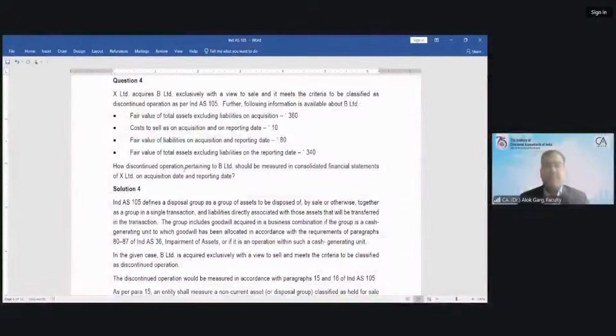Be limited. Fair value of the total assets excluding liabilities on acquisition is given, which is 360. Cost to sell on acquisition and on the reporting date is also given, which is 10. Fair value of liabilities on the acquisition date is 80.